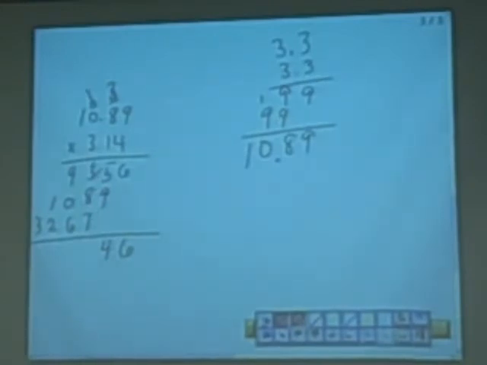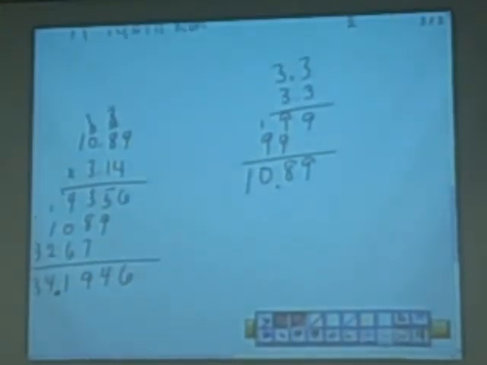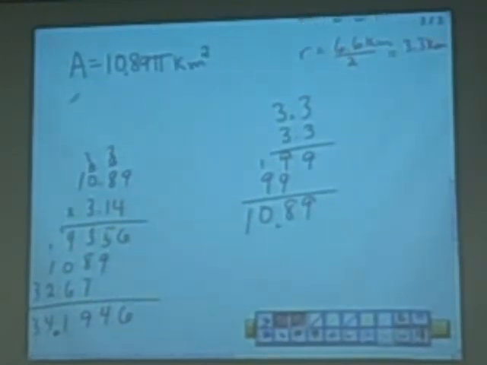And then 16, 19, 11, 4, 3. Okay, so we have to move our decimal to where? 4 places behind the 4, right? So we get an area of 34.1946.